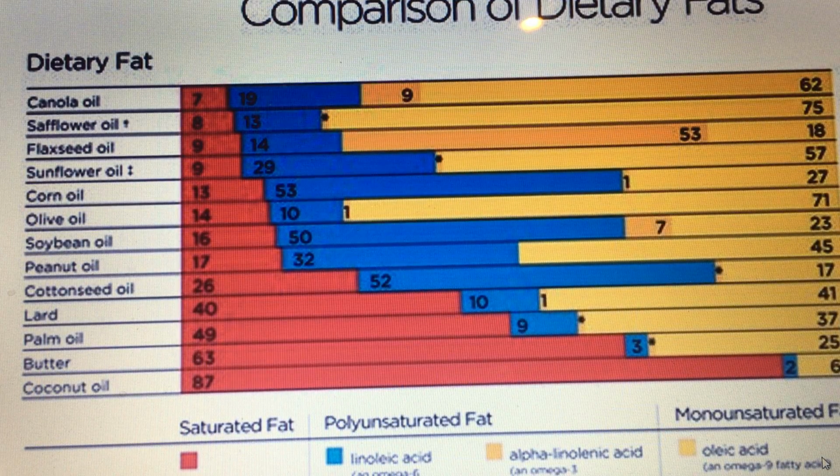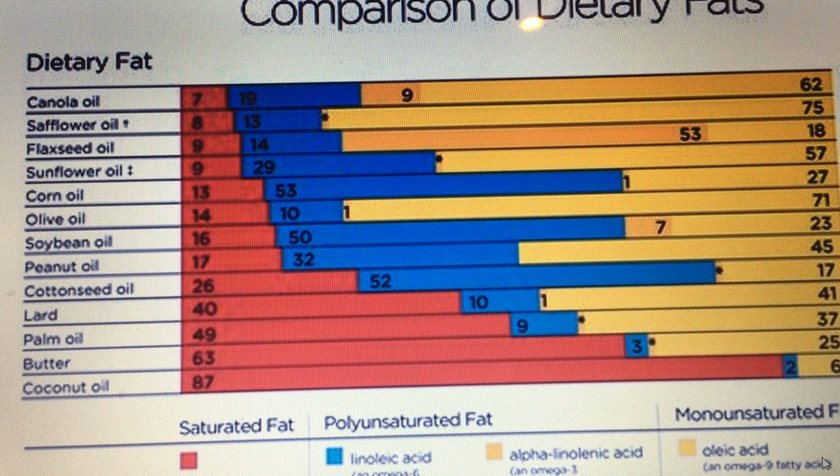So this slide shows different types of fat that you can get through the diet on the left-hand side there. What this chart shows is that each fat has saturated fat, polyunsaturated fat, and monounsaturated fat. So, for instance, canola oil at the top has 7 grams of saturated fat in it.